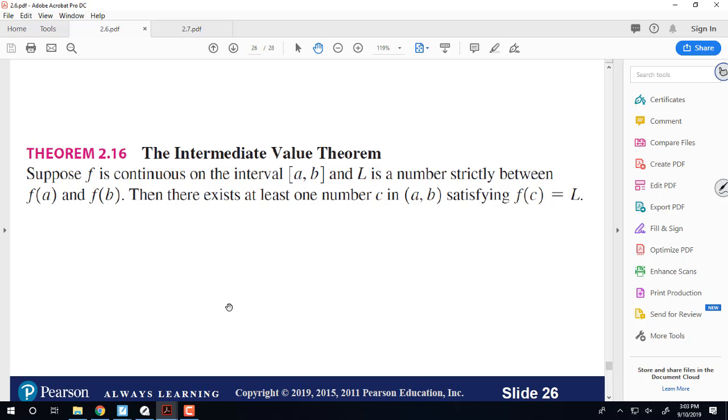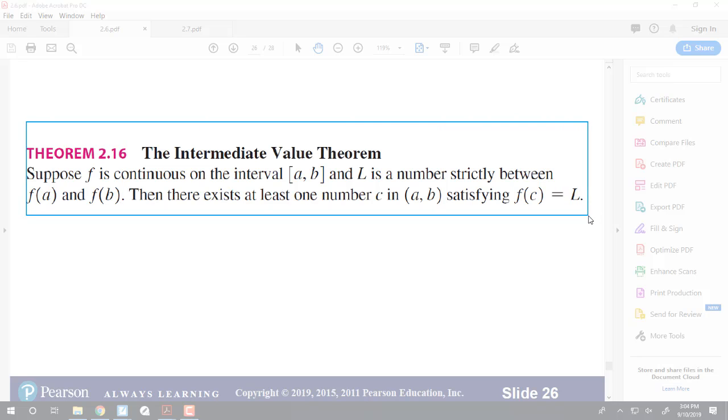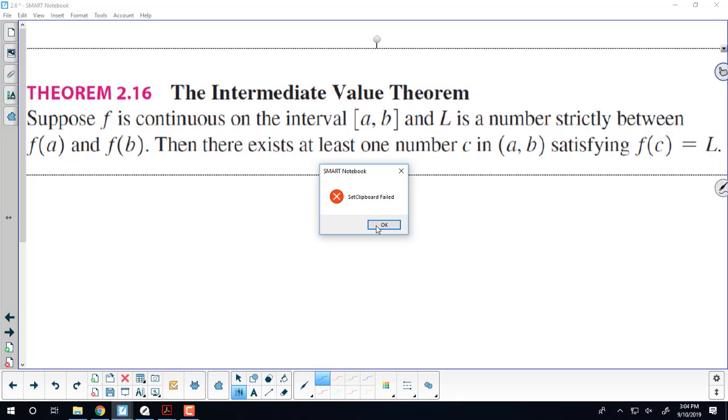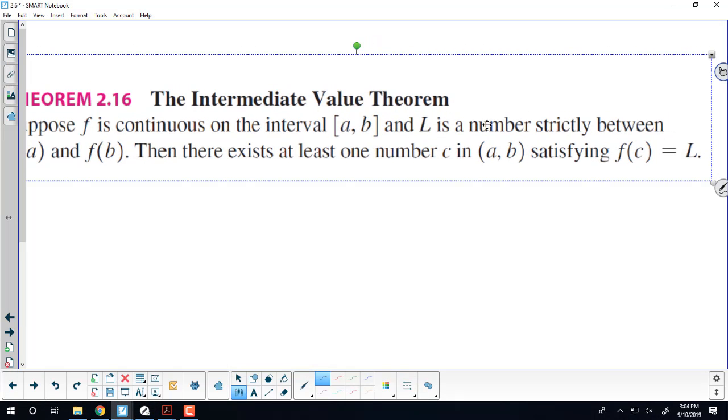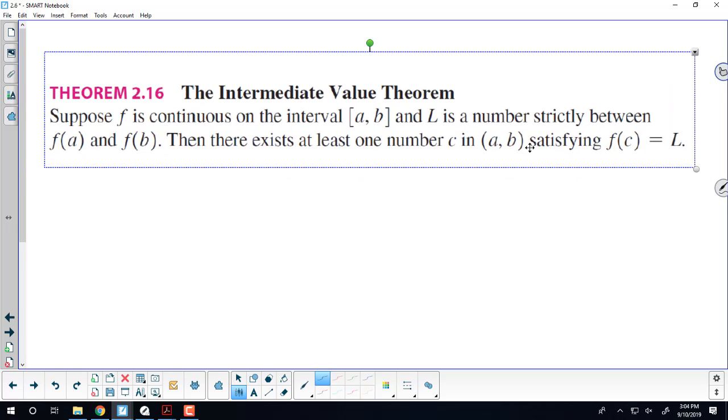With these theorems and definitions, I don't expect you to know them verbatim, but the main idea is what is the takeaway. Typically, in practice, how do we work problems that require us to use the intermediate value theorem.